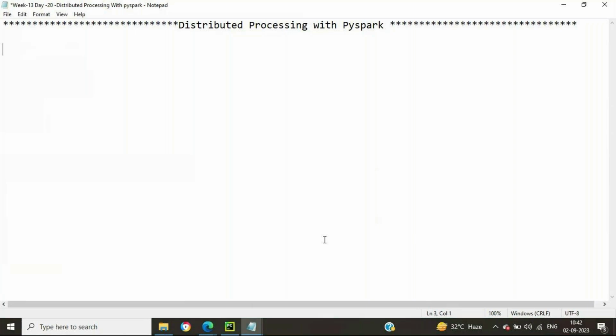But once we are discussing resources, memory and core are the two main things from the resource perspective. We discussed with respect to executor that this much core and this much memory is given.